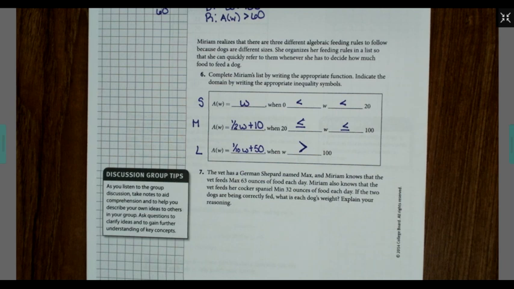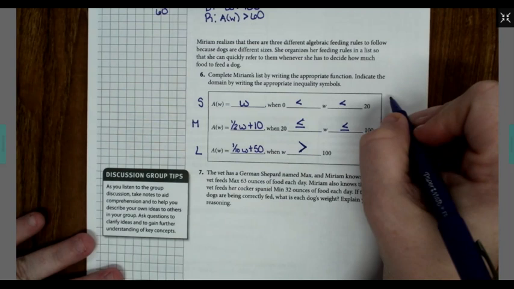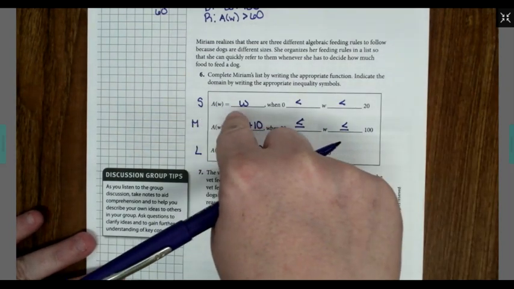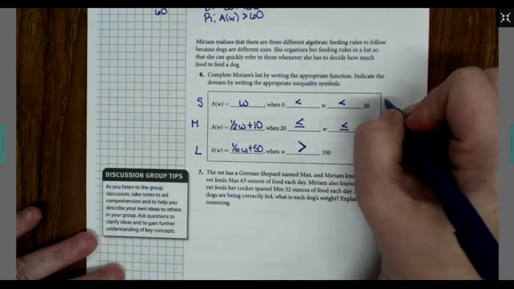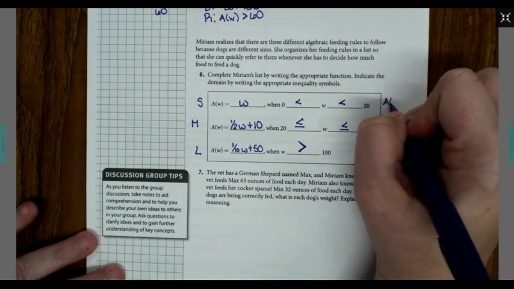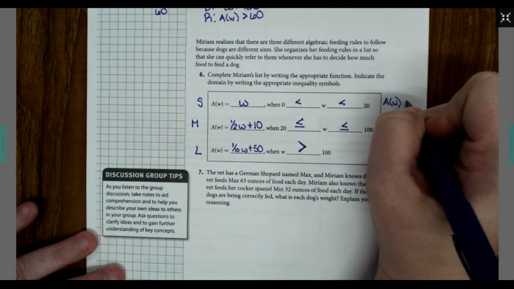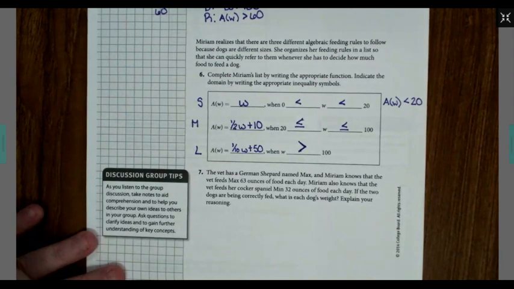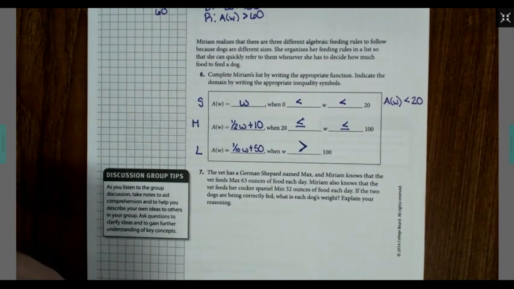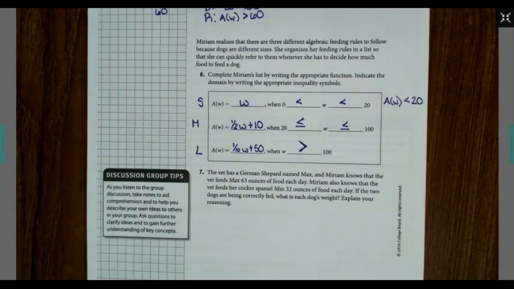Now, recall, yesterday when we talked about it, the most that our small dog could eat is 20 ounces. We know that A of W has to be less than 20. We know that the large dogs are getting fed more than 60 ounces.